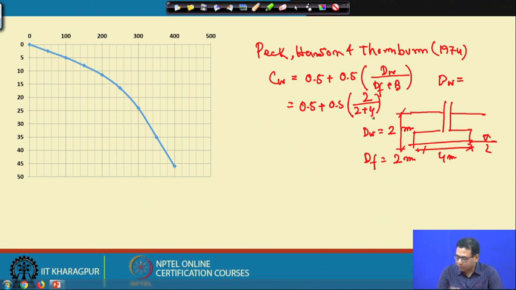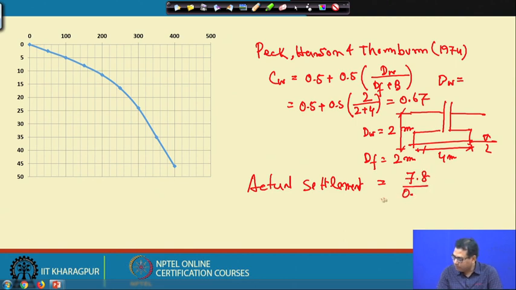So, this value is 0.67. So, actual settlement will be 7.8 divided by 0.67, so it is 11.64 millimeter.